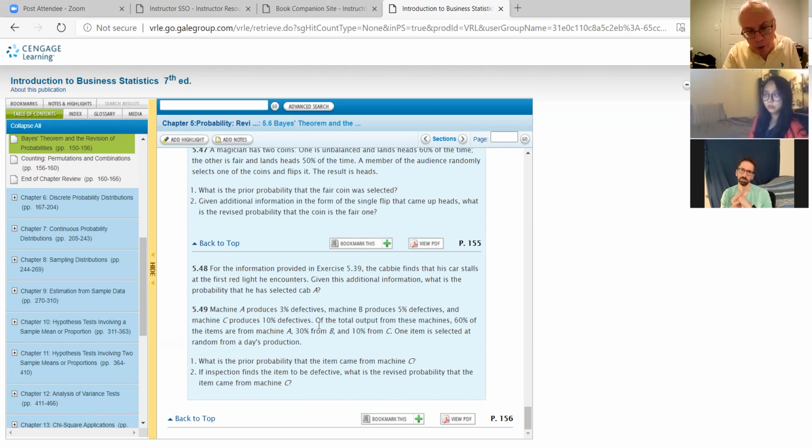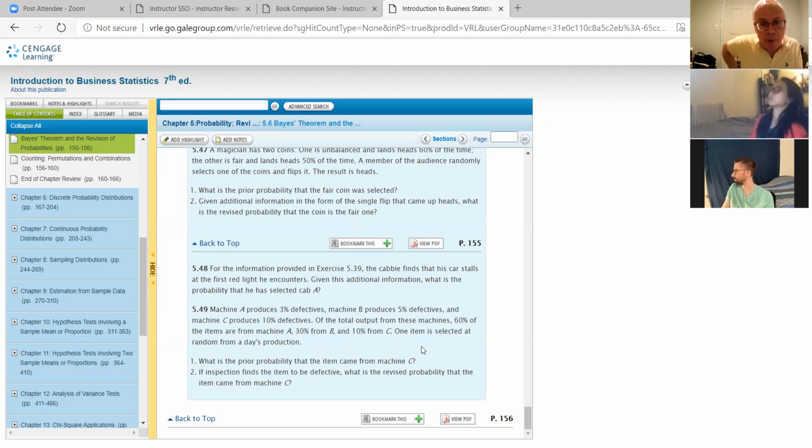So this is what I want you to do without looking at the notes again. I want you to try this again. Of the total output from these machines, 60% of the items are from machine A, 30% from machine B, and 10% of the output comes from machine C. And you select one item at random from the day's production, and you want to know the prior probability that the item came from machine C. Now, I think you can do this on your own, right?